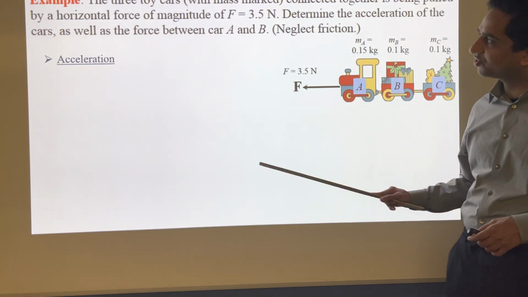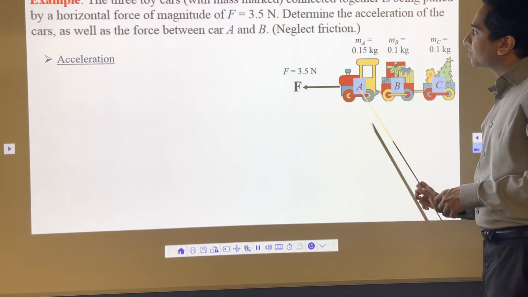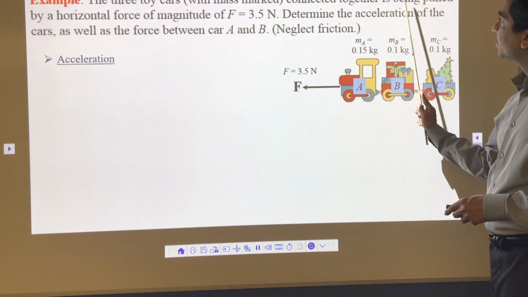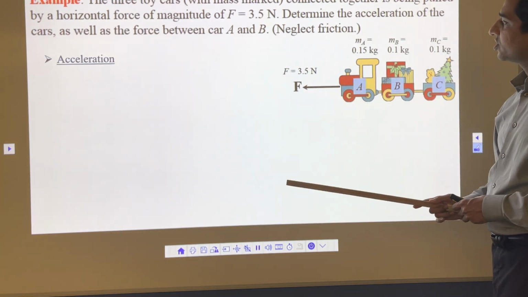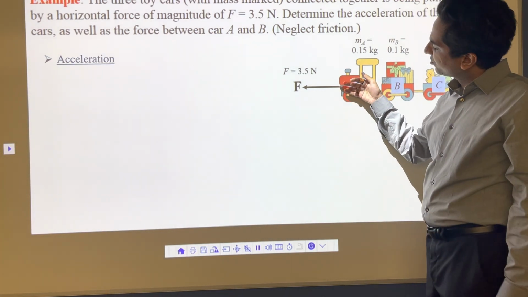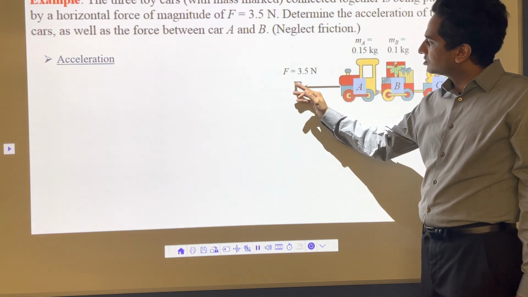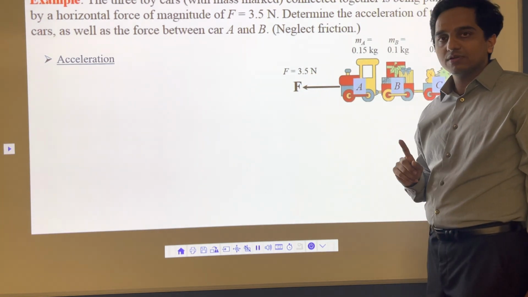So what we have in this problem is a toy car. There are these cars here connected together and pulled with a force of 3.5 Newton. So in this problem, this toy car is pulled in this direction with a force of 3.5 Newton.